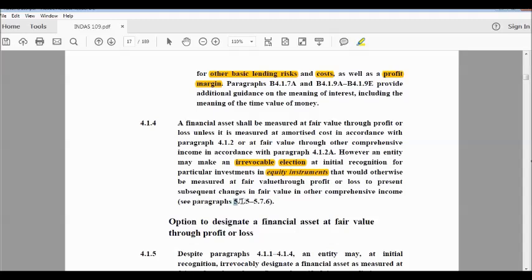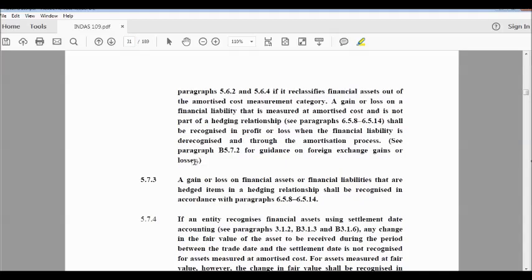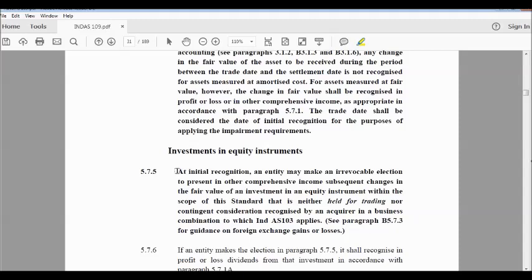And also if you want to check out paragraph number 5.7.5, it says that at initial recognition an entity may make an irrevocable election to present in other comprehensive income subsequent changes in the fair value of the investment in an equity instrument within the scope of this standard that is neither held for trading nor, I am not going to read it because that is irrelevant for you.